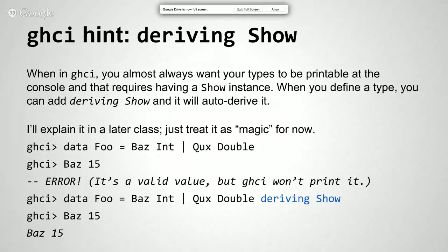So if you define a data type, data Foo equals Bas Int or Flux Double, and then you do Bas 15 at the console, there's nothing wrong with that value. It's a correct computation, but GHCi is not going to print it because it's going to say there's no instance of the Show type class. So if you add deriving Show after it, then it will create a Show instance.